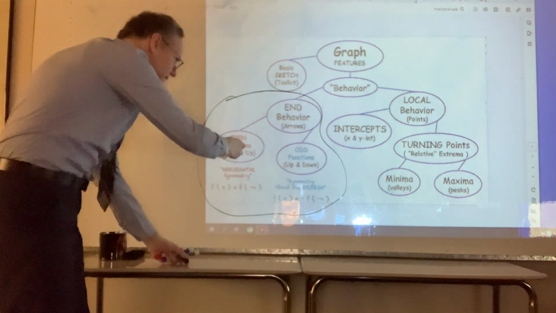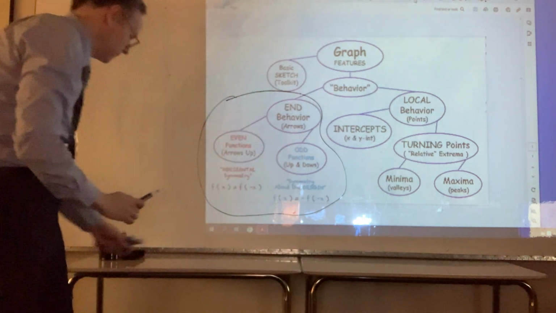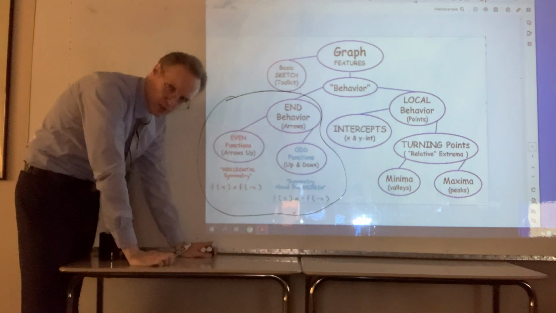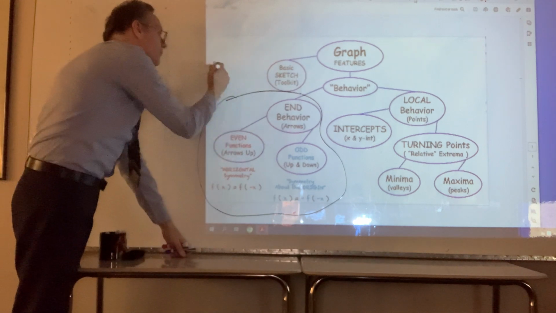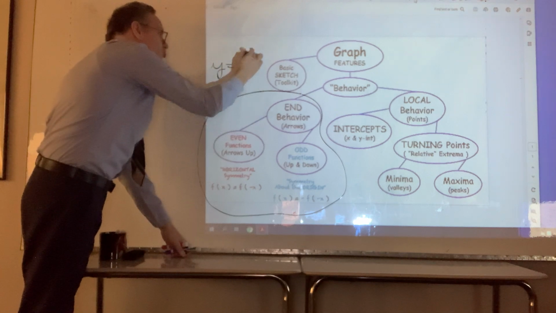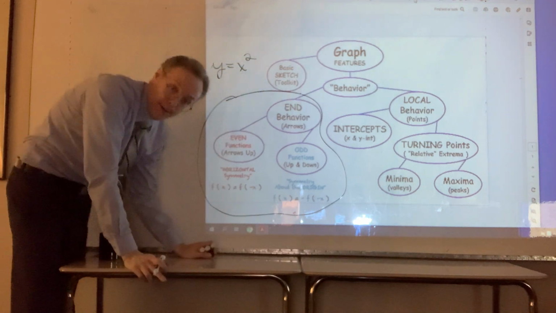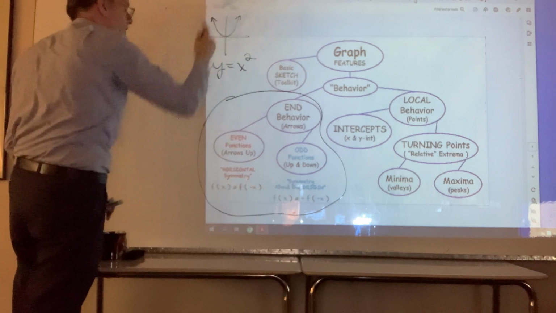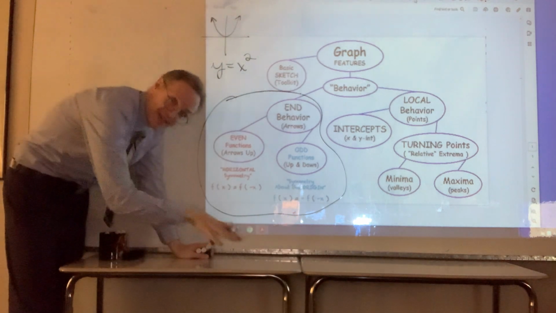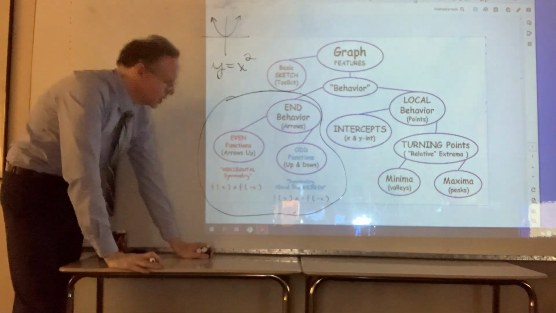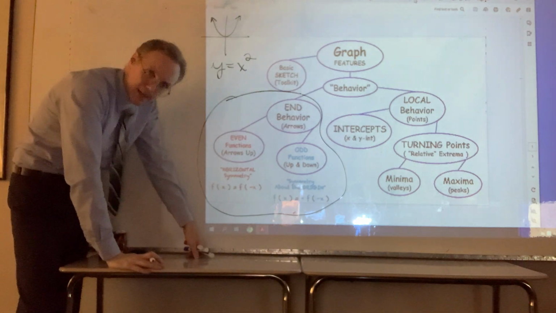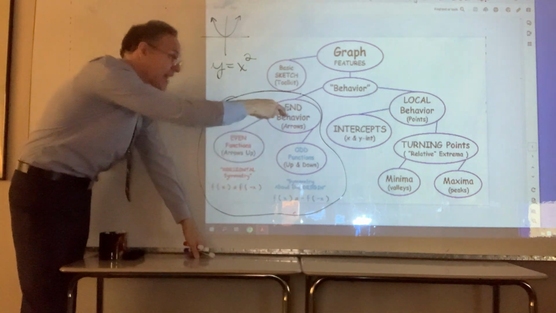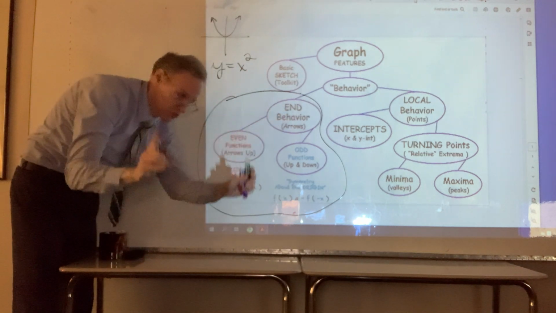I do have to be a little bit better than as I've described it here. If you have something that's known as an even function, say, for example, y equals x squared, the parabola shape, which looks like this, you can make a prediction about how the picture looks in terms of its end behavior, in terms of its arrows.